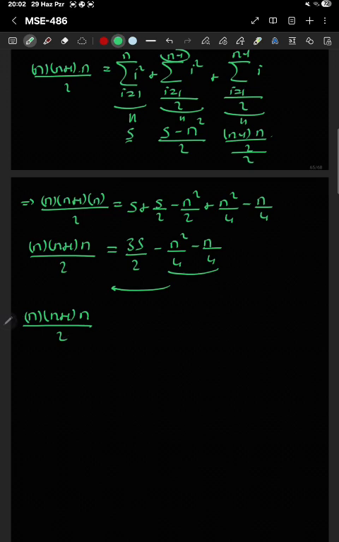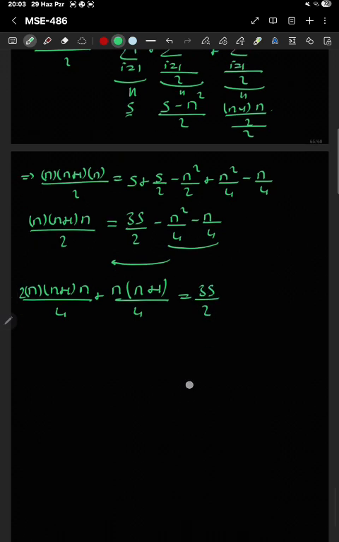I think we can add 2 here, and we can make this one 4, which is equal to 3s, plus n times n plus 1 over 4, is equal to 3s over 2, right?